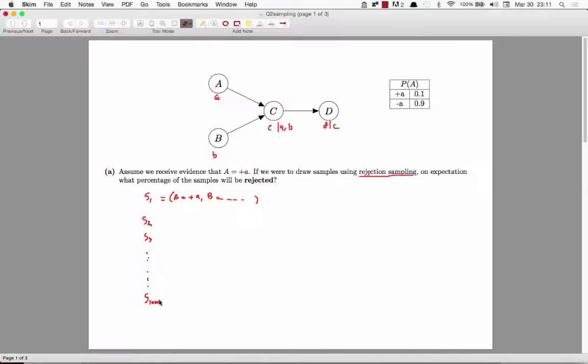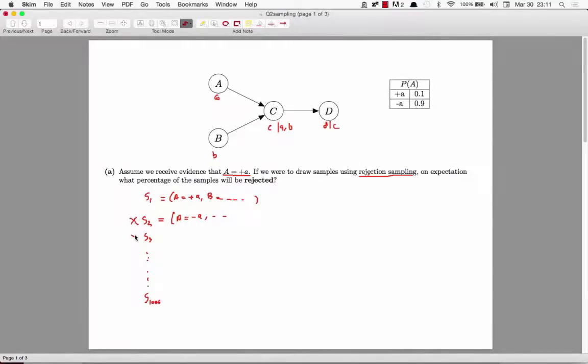And then in case of rejection sampling, you have some evidence variables. So in our case, the evidence variable is A equals plus A. And then you look at all your samples, and suppose S2 had something which was inconsistent with the evidence. So suppose A was equal to minus A, and so on. Then you reject the sample S2.